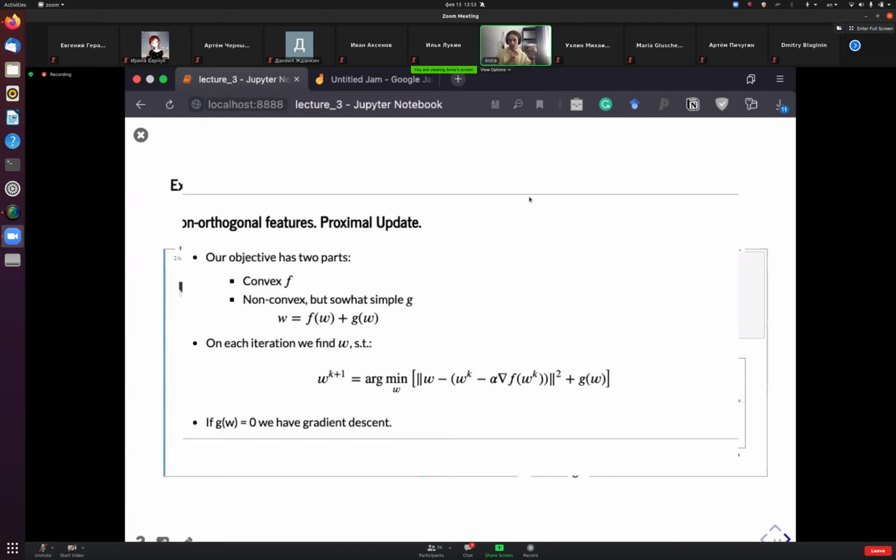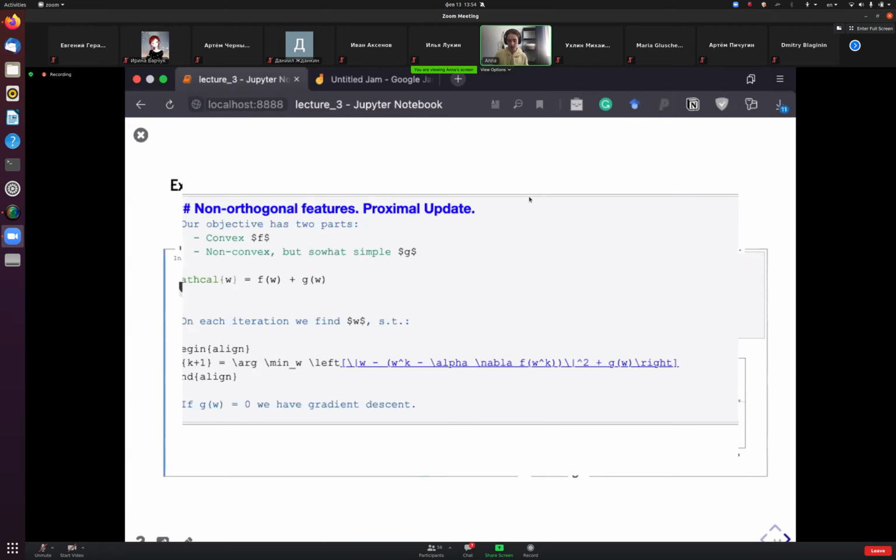So w on the next step will be the solution of this optimization problem that you see here. And you can notice if J of w is exactly 0, so if you don't have regularization, then that corresponds to the simple gradient descent method. But in our case, we do have this extra non-convex part in our objective.